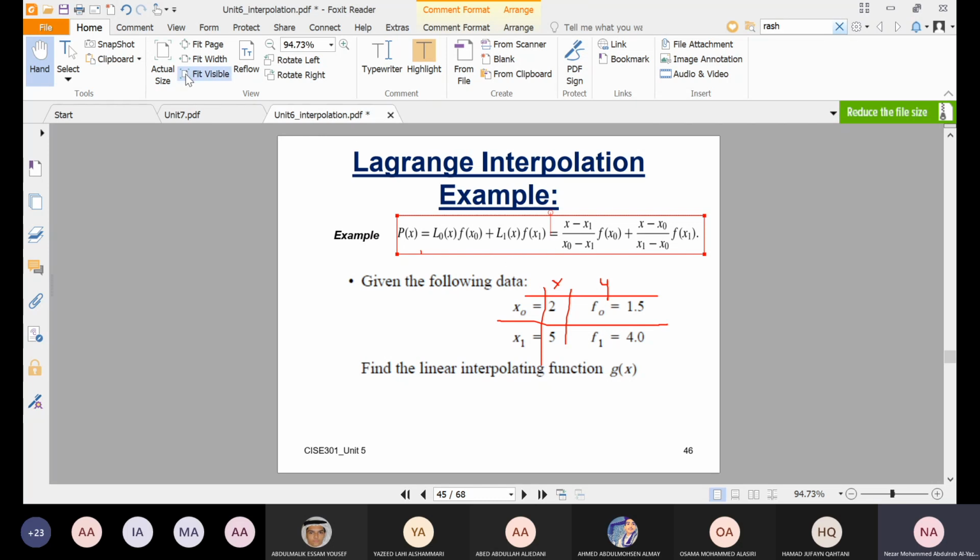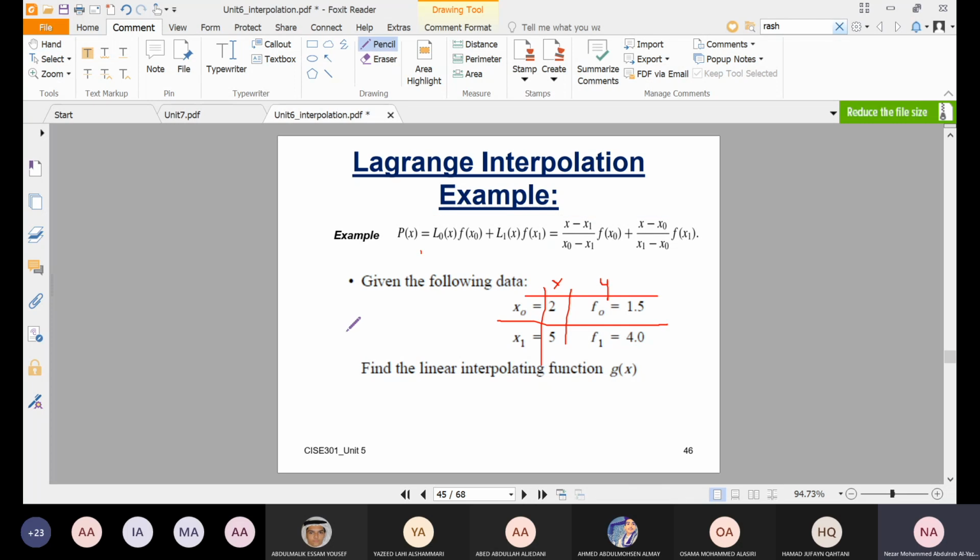So here, what I want firstly is to compute L0. L0 is just equal to x minus x1 over x0 minus x1, where x1 is 5 and x0 is 2.